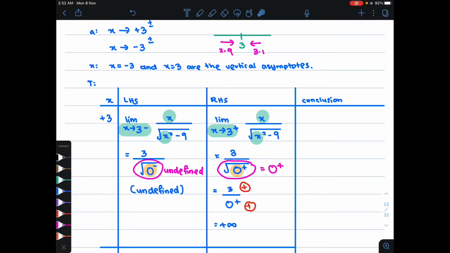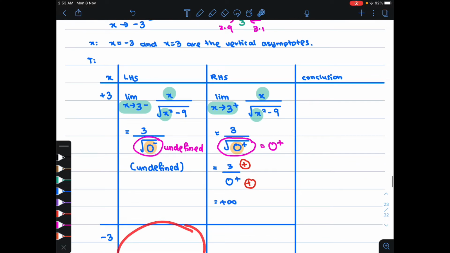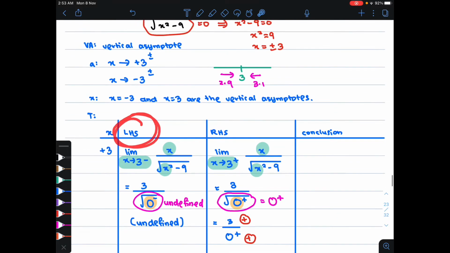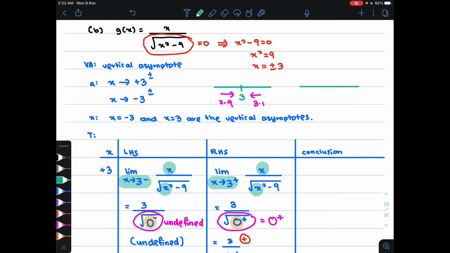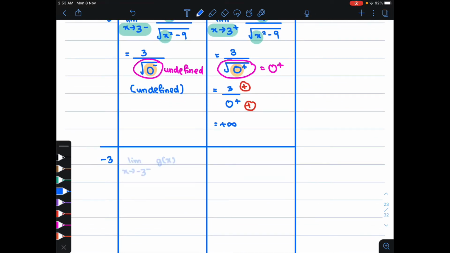So let's do negative 3 here. In this column, we're talking about the left-hand side. Say that we have the x-axis and this is -3. x approaching -3 from the left-hand side means that we need to find the limit of g(x) as x approaches -3 minus.